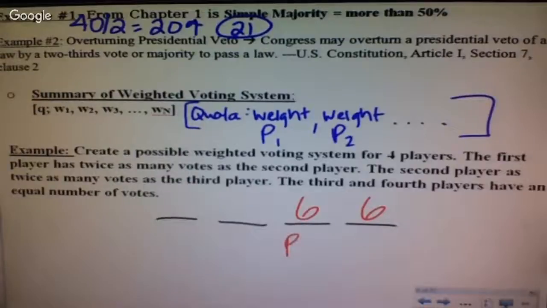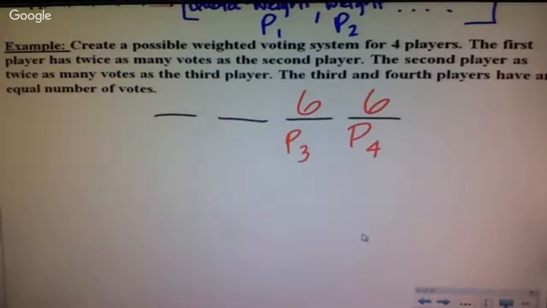Now double it. Player 2 is twice as many as player 3, so how many votes does player 2 have? 12. Player 1 is twice as many as player 2, so 24.